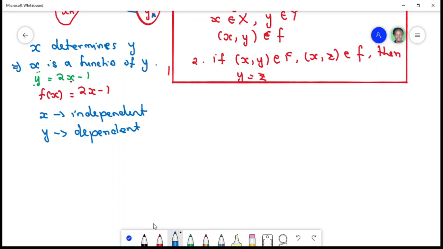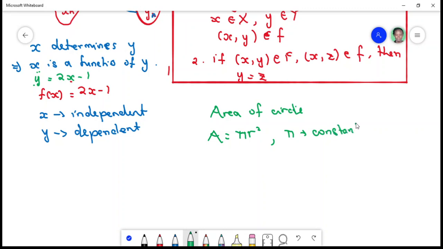Okay, so let's take a basic example. Consider the area of a circle. What is that? It is A equal to pi r squared. We know that pi is a constant. So to find the area, you realize that my area actually depends on r.